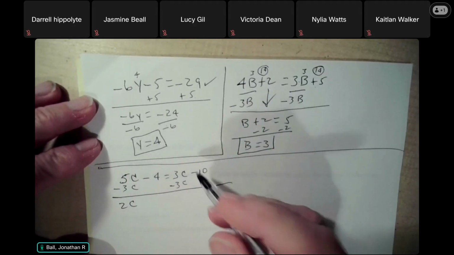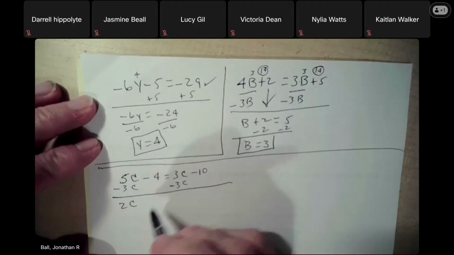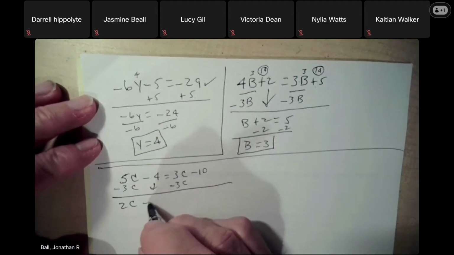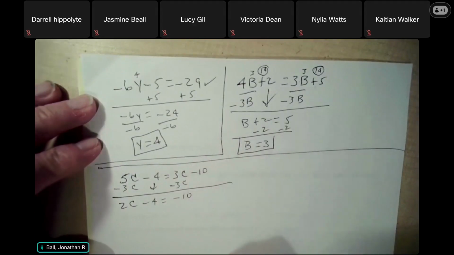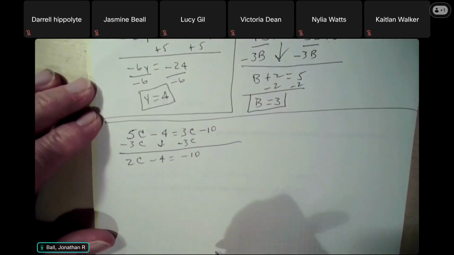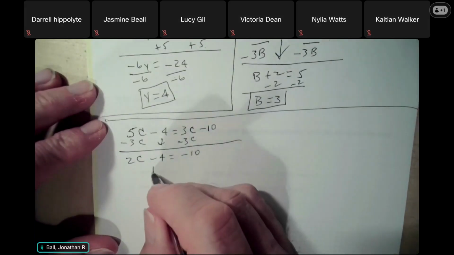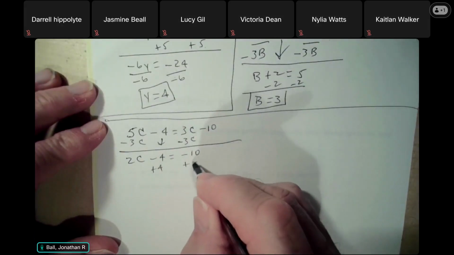And off of 0, we bring down the negative 4 equals negative 10. Now we add 4 to each side.